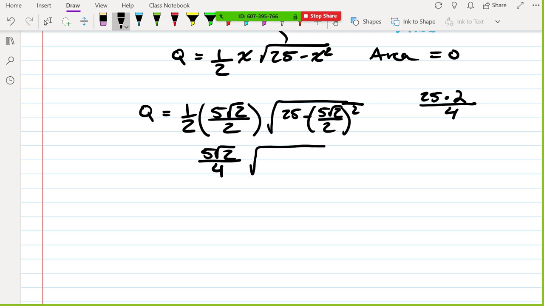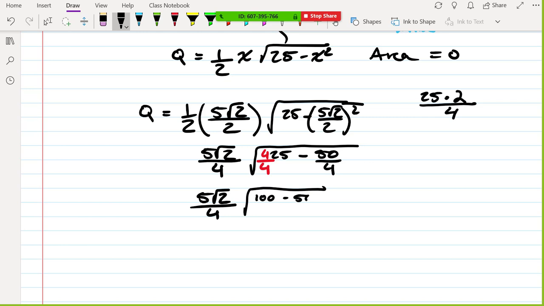So then that gives us 25 minus 25 times 2 is 50 over 4. Getting our common denominator, 4 over 4. 4 times 25 is 100. So we get 5 square roots of 2 over 4 times the square root of 100 minus 50 all over 4. So 100 minus 50 is 50. So times square root of 50 over the square root of 4, and we can simplify those.